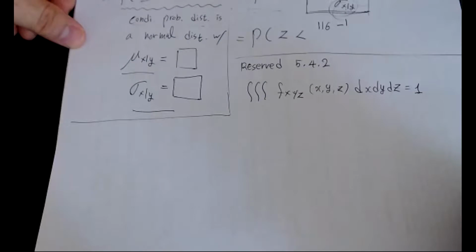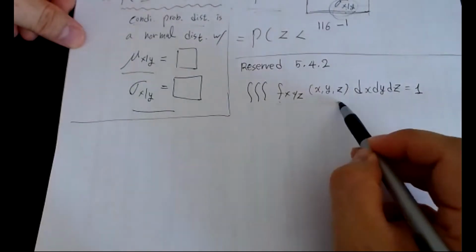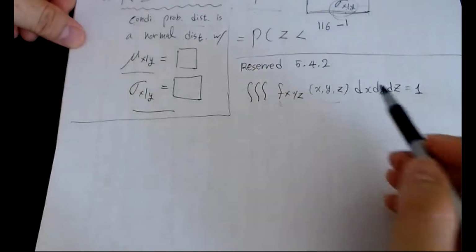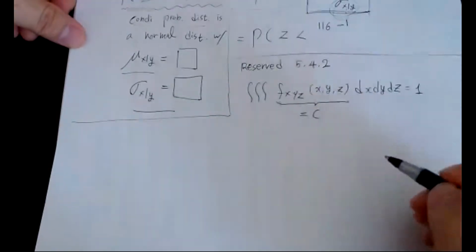That must be 1, because the problem says this is a joint probability distribution function. So the PDF integrates to 1.